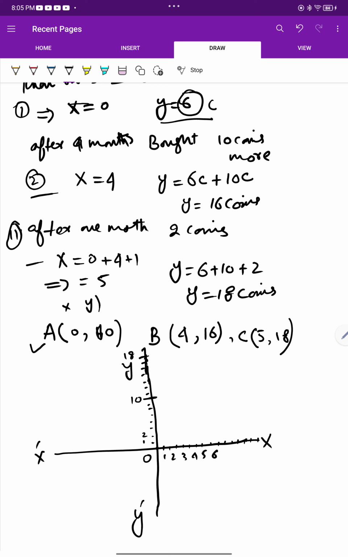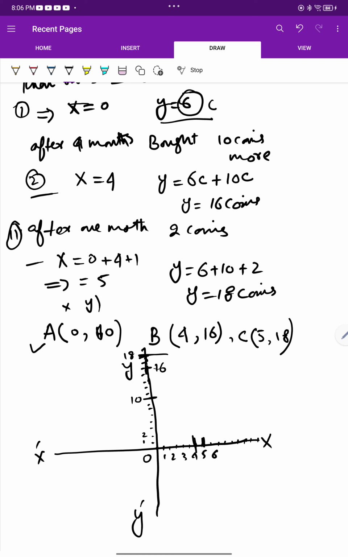B is x equal to 4, and y is equal to 16. So 11, 12, 13, 14, 15, 16. This is 16, and this is x equal to 4. The third is C. C is x equal to 5, and y is equal to 18.